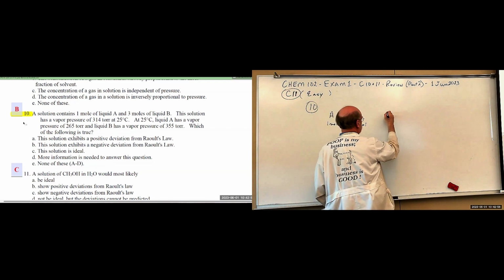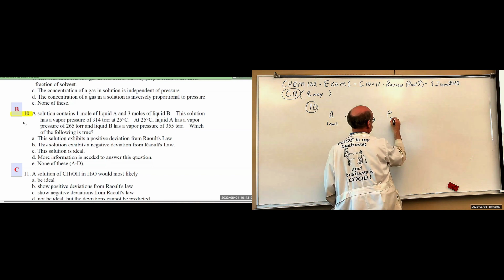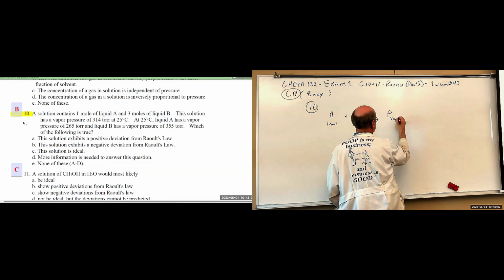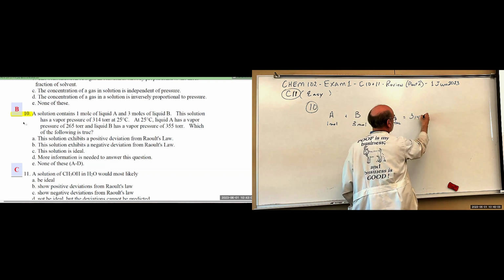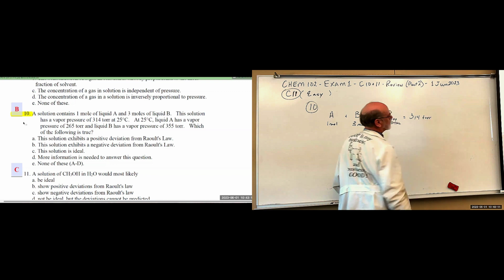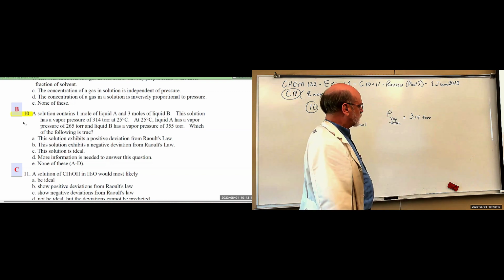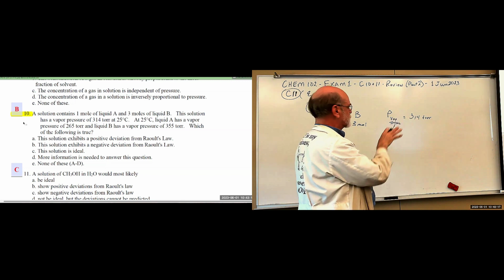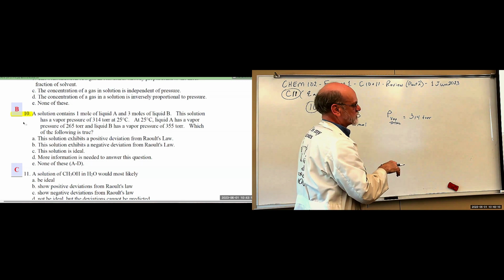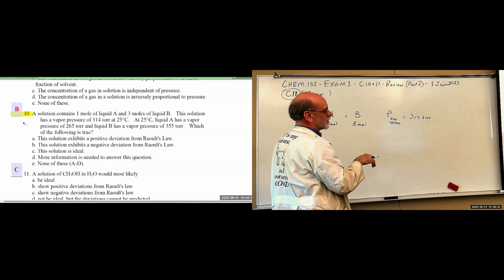So the total vapor pressure is equal to 314 torr, correct? At 25 degrees. The temperature is not changing, so we don't have to worry about the temperature.